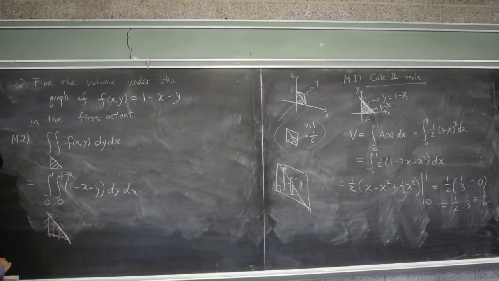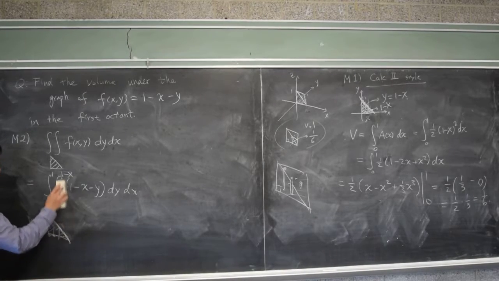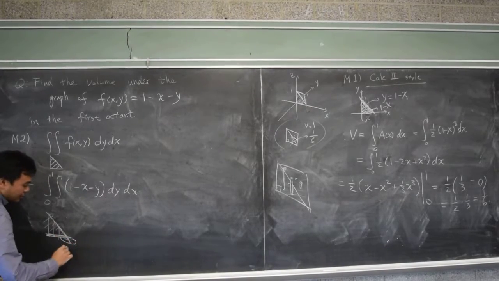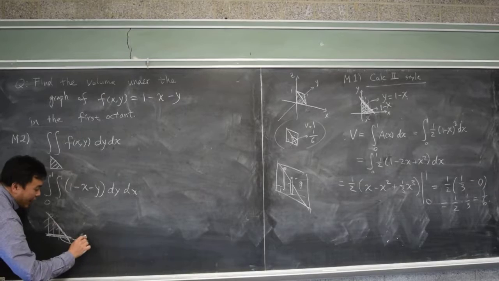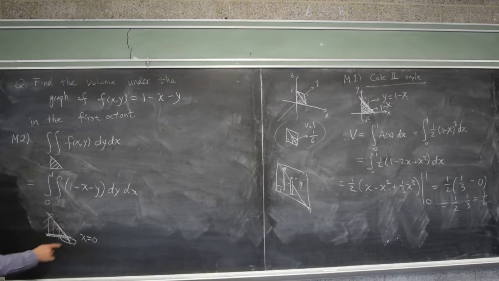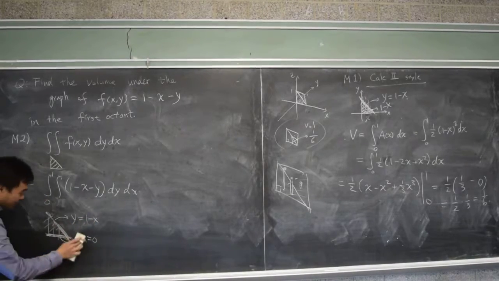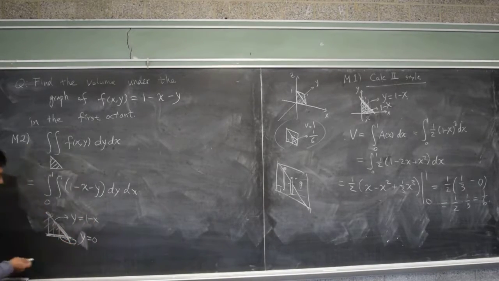So really, here's how you're going to think. From now on, when you see this double integral, this is how you're going to think. This base here is really the graph y equal to 0. What is y equal to 0 as a graph? It's a horizontal line, which is the x-axis, right? No, sorry, I'm sorry.